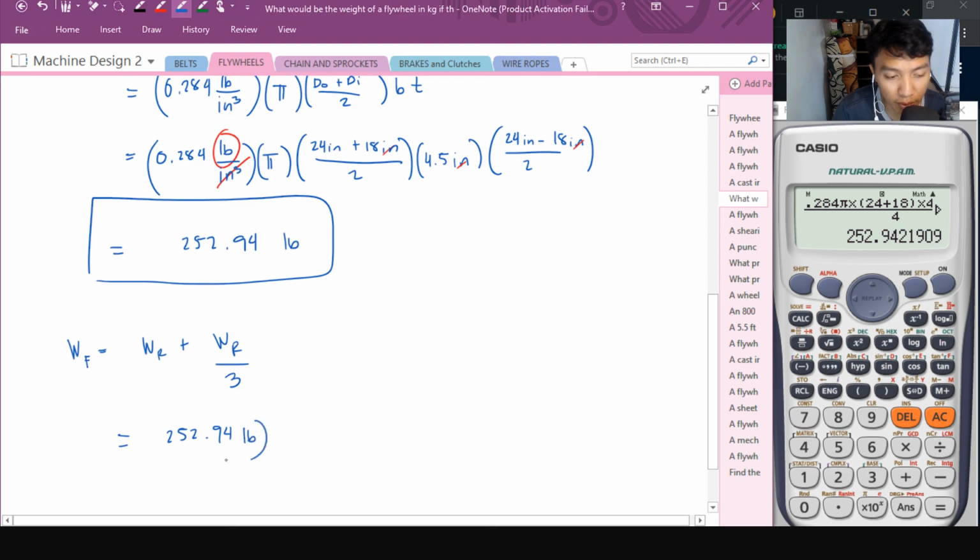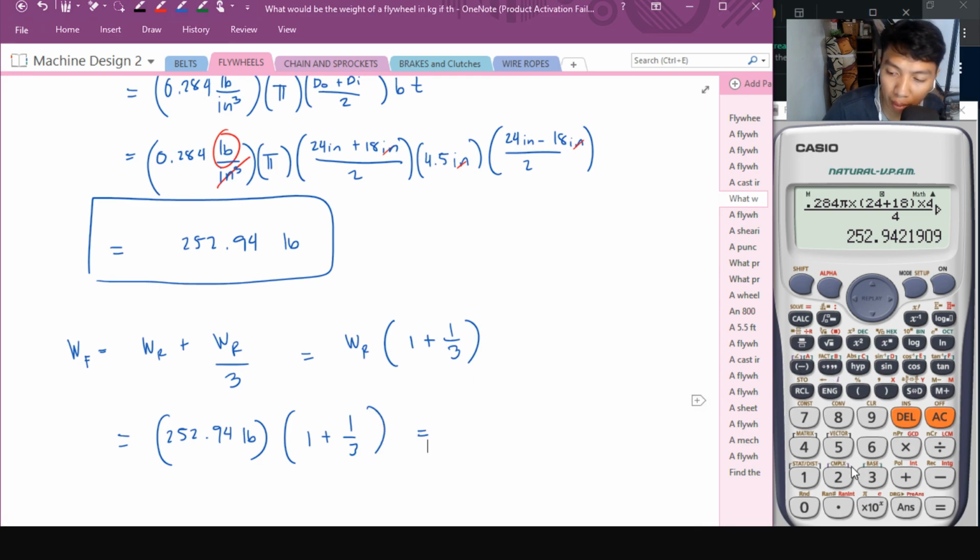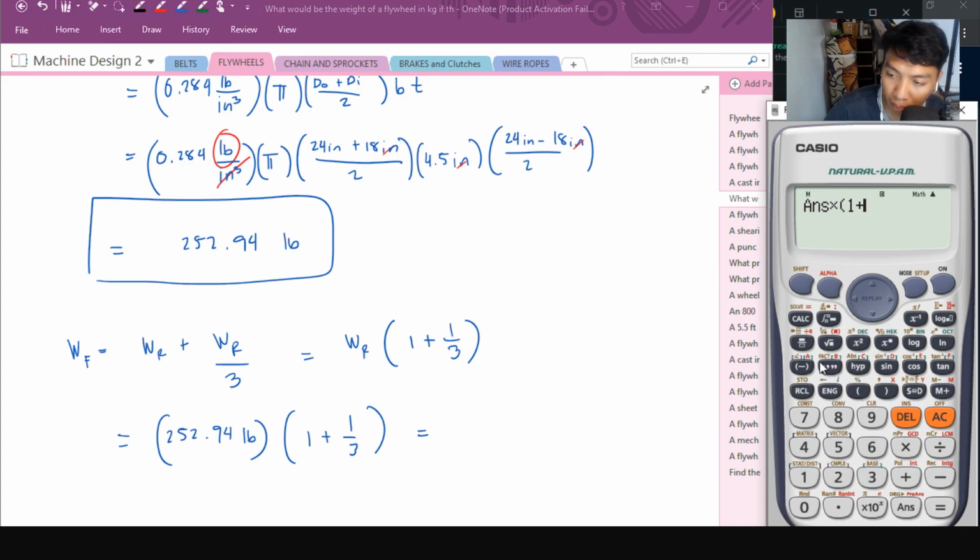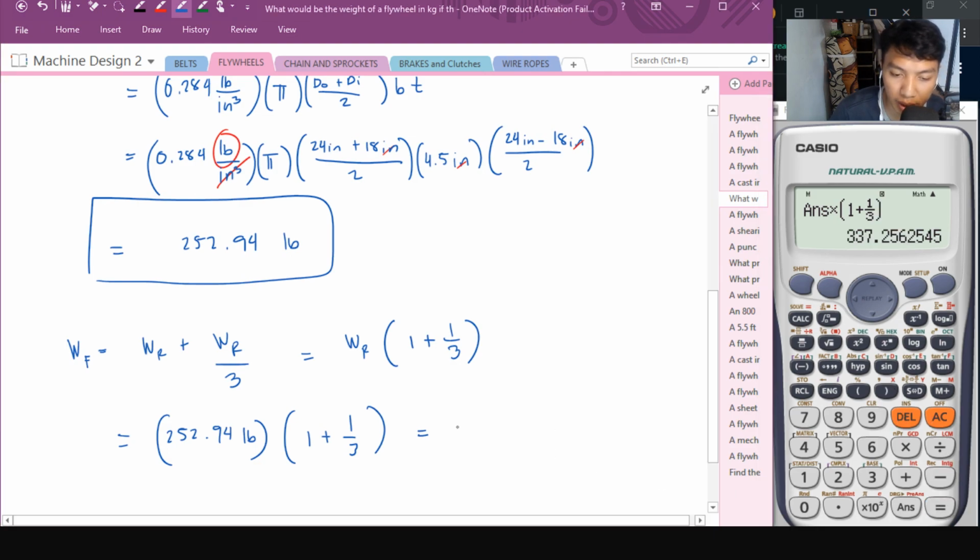Factor out WR: the weight of the flywheel is WR multiplied by 1 plus 1/3, which is 1 and 1/3. So, the answer is 337.26 pounds. That is the weight of our flywheel.